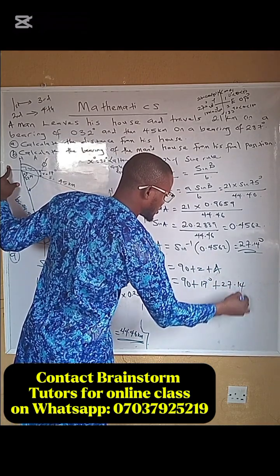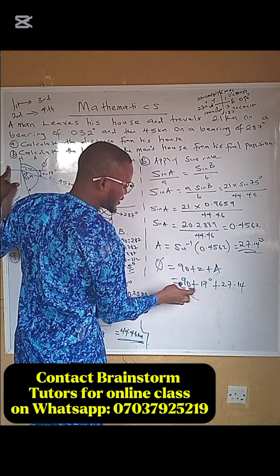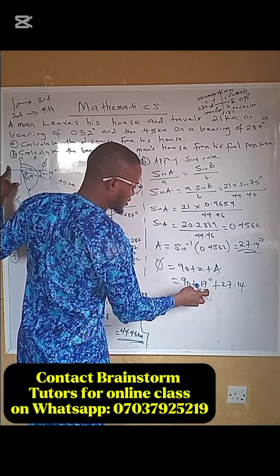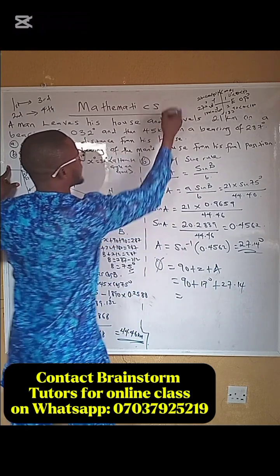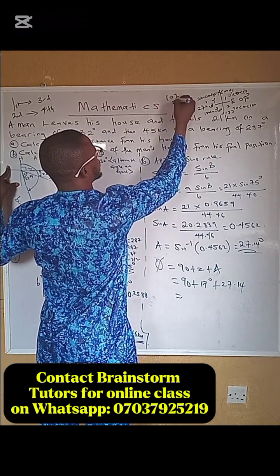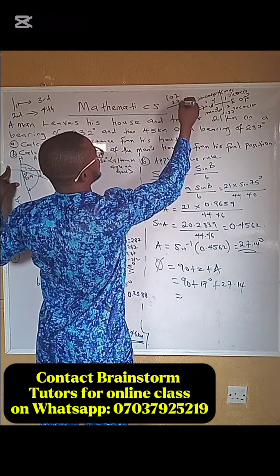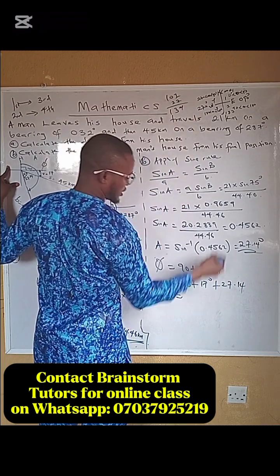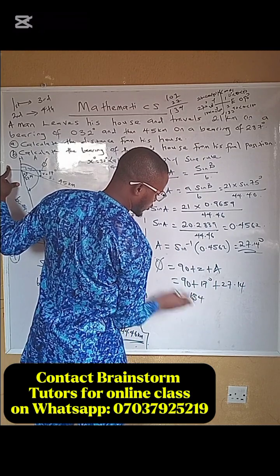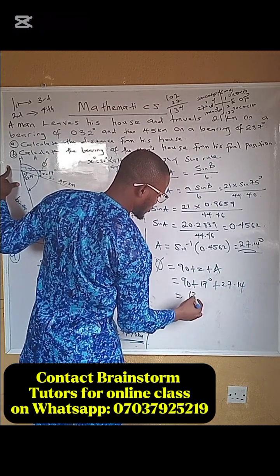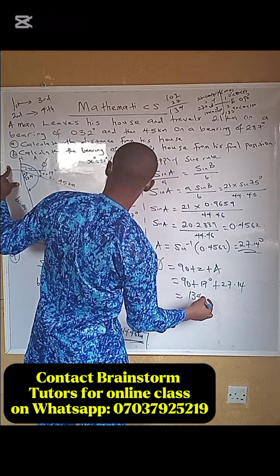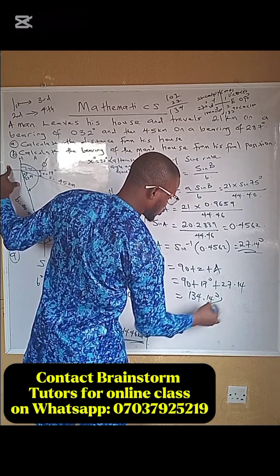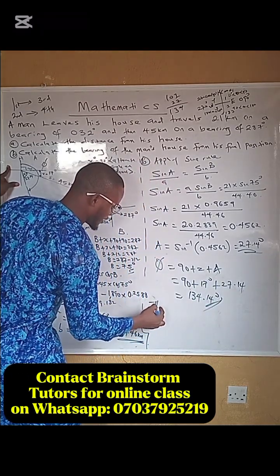So now if you just add it, 90 plus 17 gives us 107. 107 plus 27.14 gives 134.14 degrees.